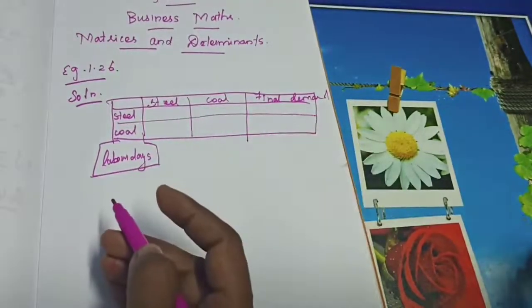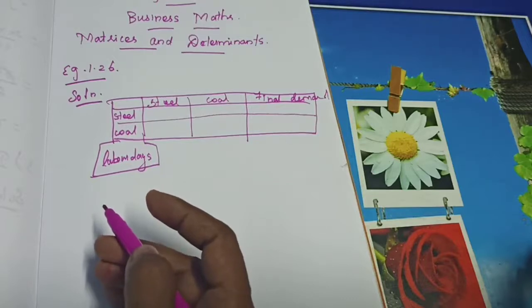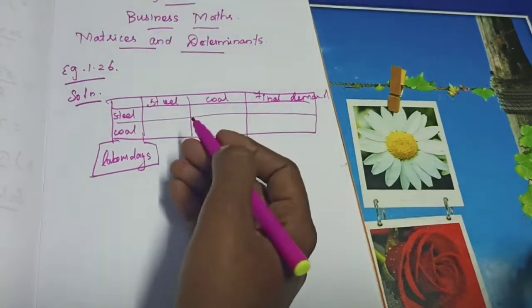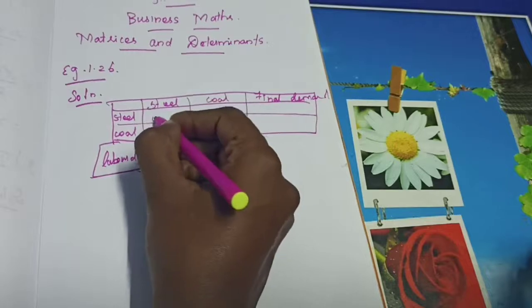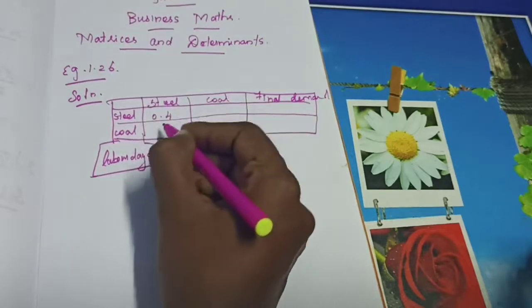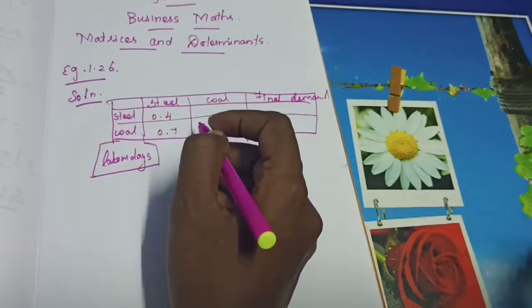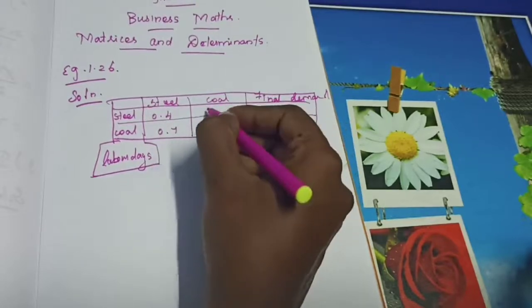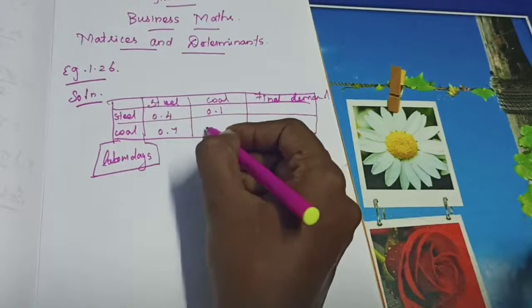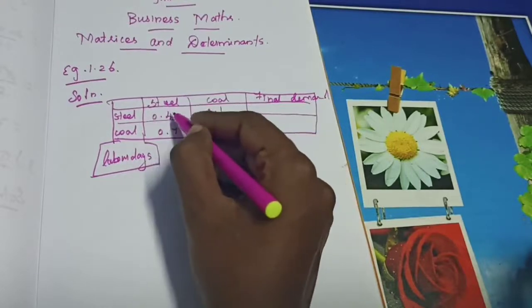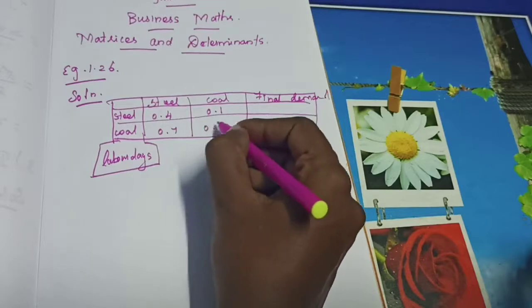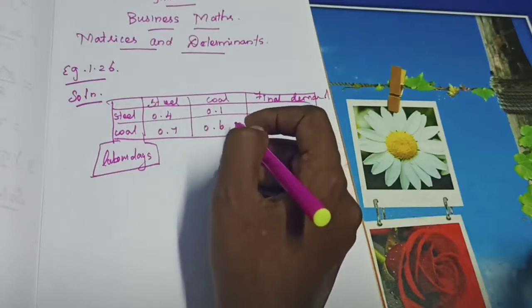From the first question, that is 0.4 ton of steel, 0.7 ton of coal. So here it is 0.4, then coal is 0.7. Then similarly 0.1 ton of steel, 0.6 ton of coal.